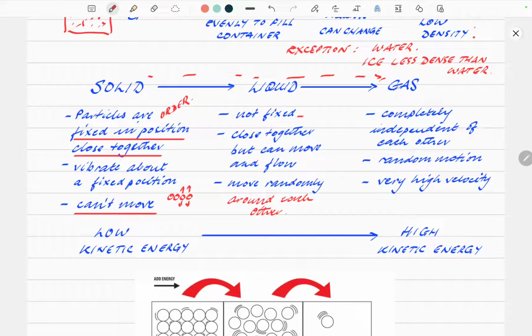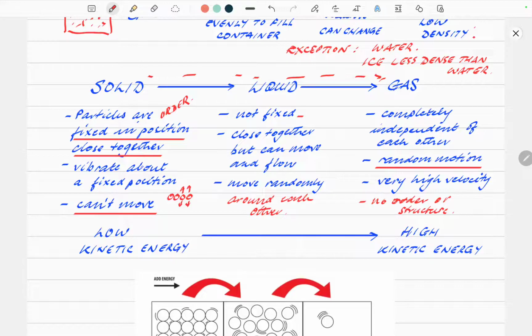And gases, finally, are completely independent of each other. They have no particular order or structure. So completely independent of each other, random motion.